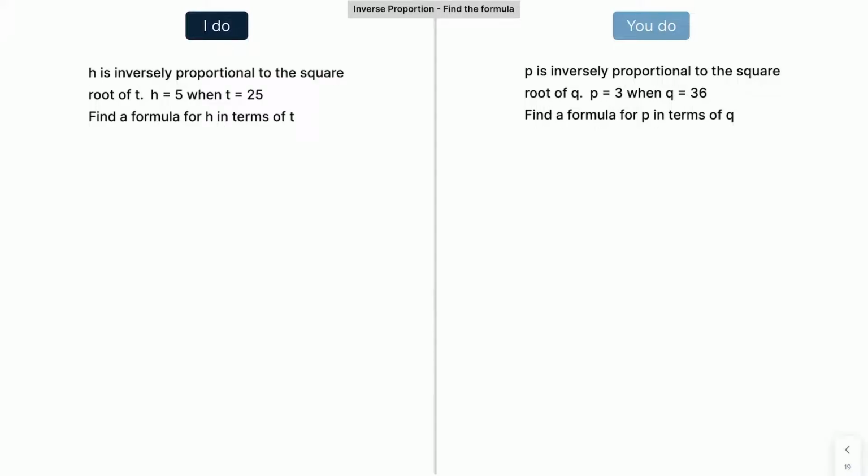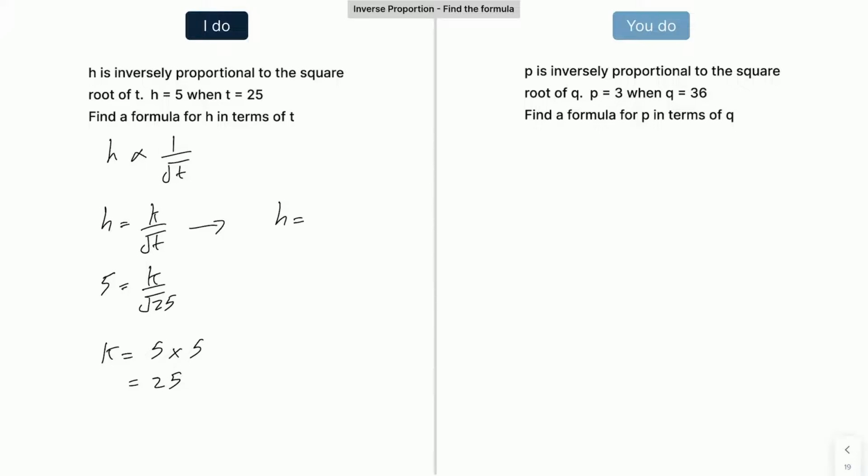And here we have H is inversely proportional to the square root of T. And again, same as usual, put the equals in, K over square root T, sub the values in. And square root of 5 just becomes a 5, so that's going to give us 25 there.